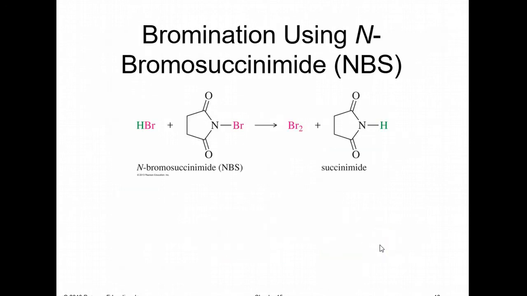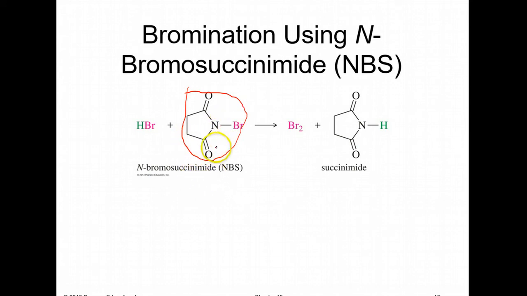Now a very useful reagent is NBS. If you want to brominate at the allylic or benzylic position, NBS is a great reagent. This is the structure of NBS right here. NBS is shorthand for N-bromosuccinimide.